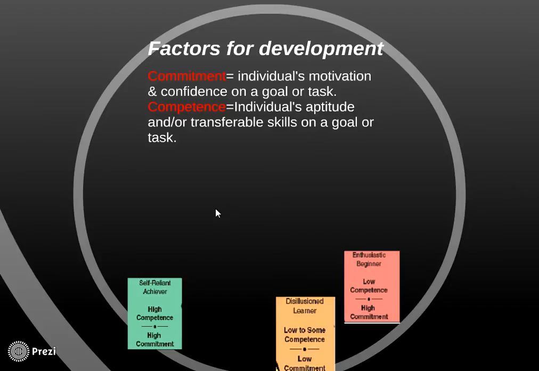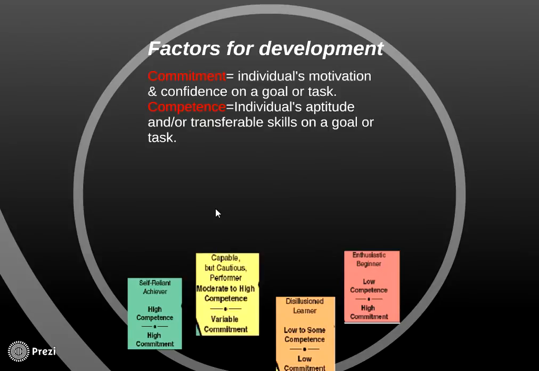They may be going through some setbacks and are frustrated by some negative feedback, possibly. But they're still learning. And another stage is called the capable but cautious performer: a moderate level of competence and variable, up and down commitment levels at this point.